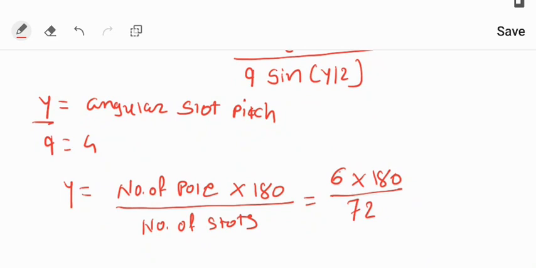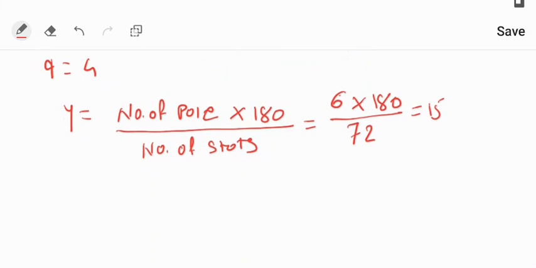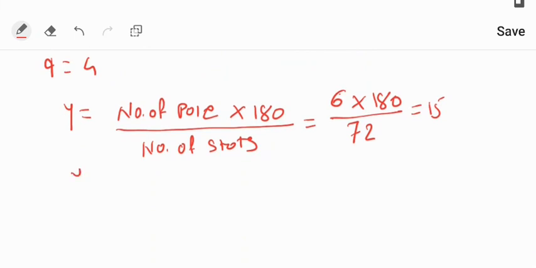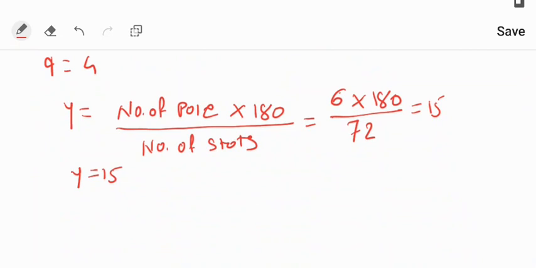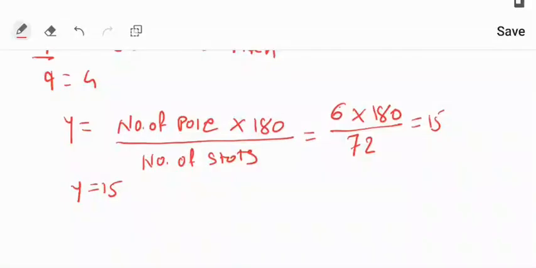So we can write down y is equal to 15, which we already calculated. Then those two values we have to put in the place of Q and in the place of y. Q is equal to 4 and y is equal to 15.